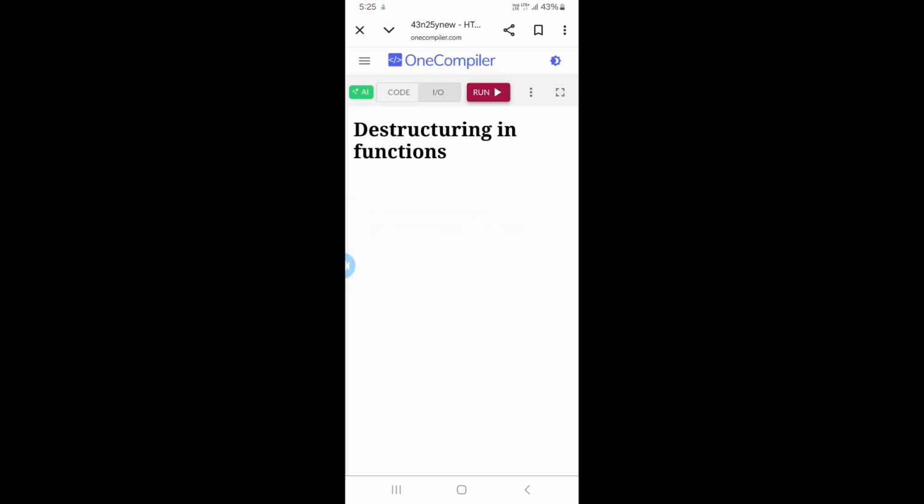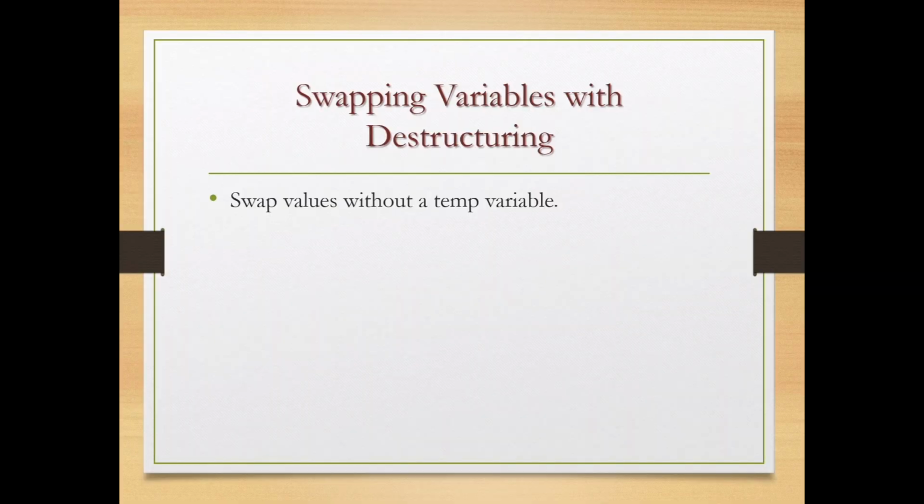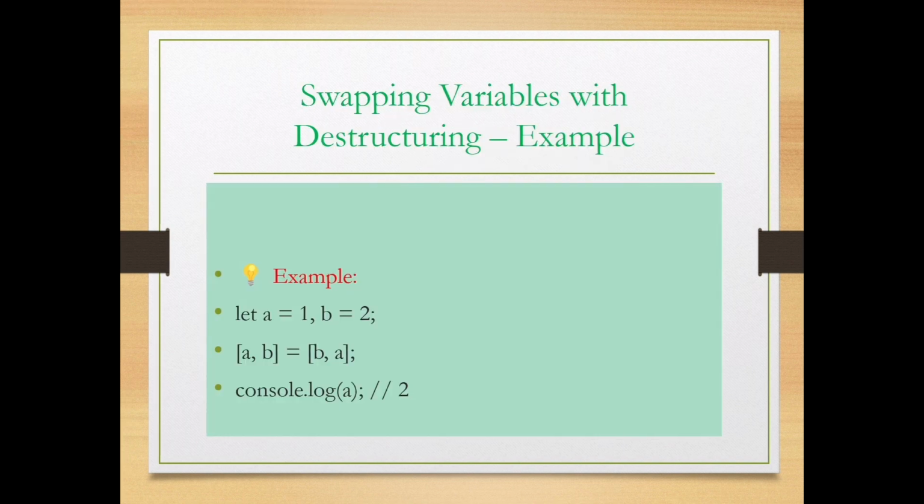Next we will see swapping variables in destructuring. In this you can use it to swap values without a temp variable. Next we will see one simple example for this. Here I am taking a variable with let. I am taking two values, a, b, with the values 1 comma 2.